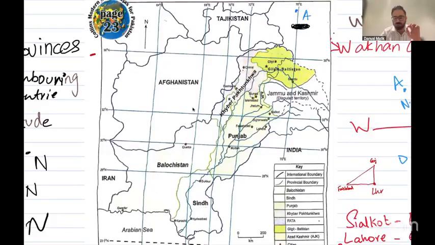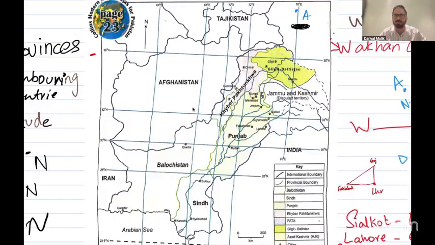So country A, as you can see on the map, is on which direction of Pakistan? This is country A, by the way, if you can't find it on the map.